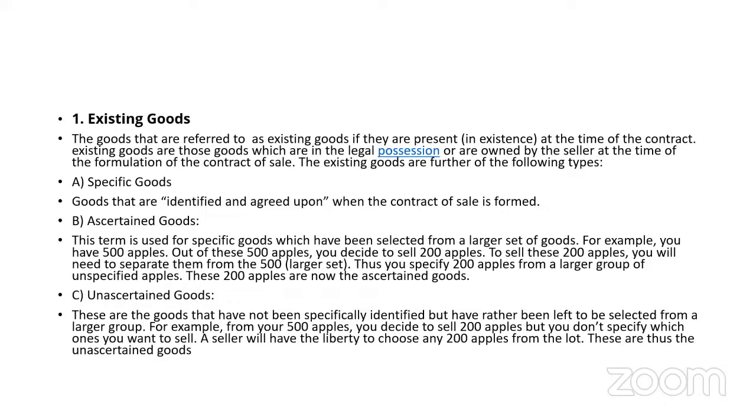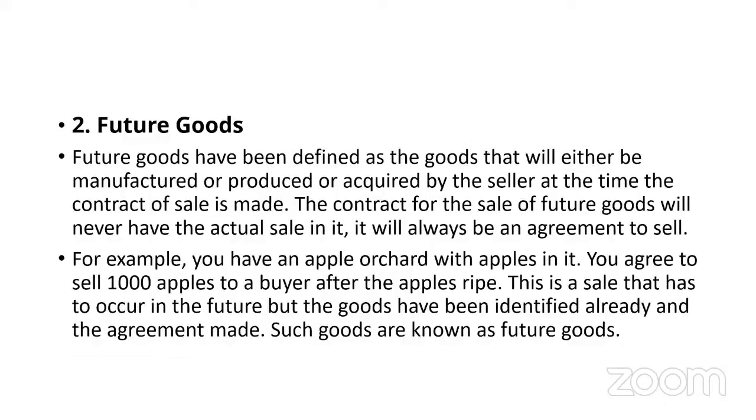Now, take for example, I have 500 mangoes with me, and I have decided to sell only 200 out of these. So I have separated these 200 mangoes from that large group of 500 mangoes. So now these 200 mangoes are known as ascertained goods. What are unascertained goods? I have 500 mangoes with me. I only want to sell 200 mangoes, but which 200 I don't know. These are known as unascertained goods.